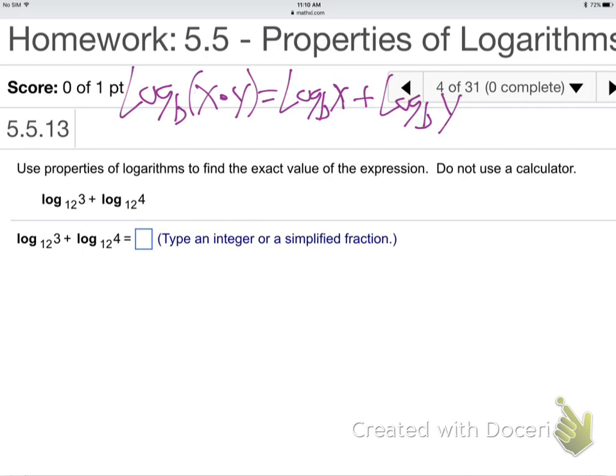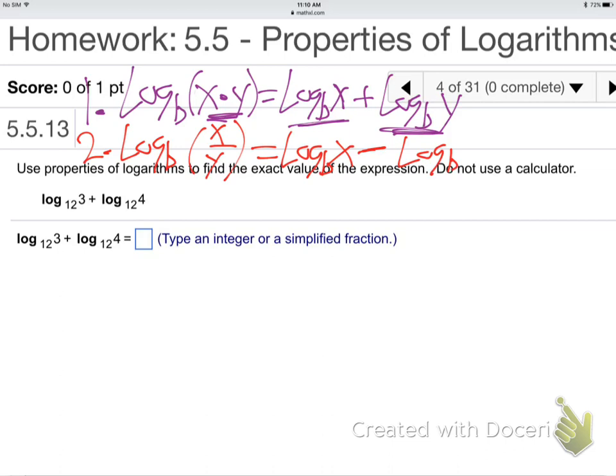Maybe it would be good to write out all 3 right now. So property number 1 is if you have 2 things multiplied in a single log, that's 2 logs added. And then the second property says if you have 2 things divided, x over y, in a single log, guess what that's going to be for 2 logs?